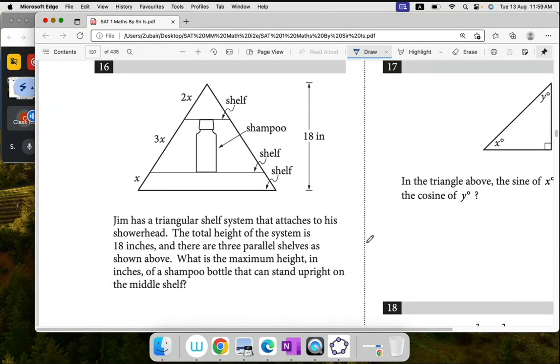Similarity question. Jim has a triangular shelf system that attaches to the shower head. Total height of the system is 18 inches, and there are 3 parallel shelves as shown above. What is the maximum height in inches of a shampoo bottle that can stand up on the middle shelf?